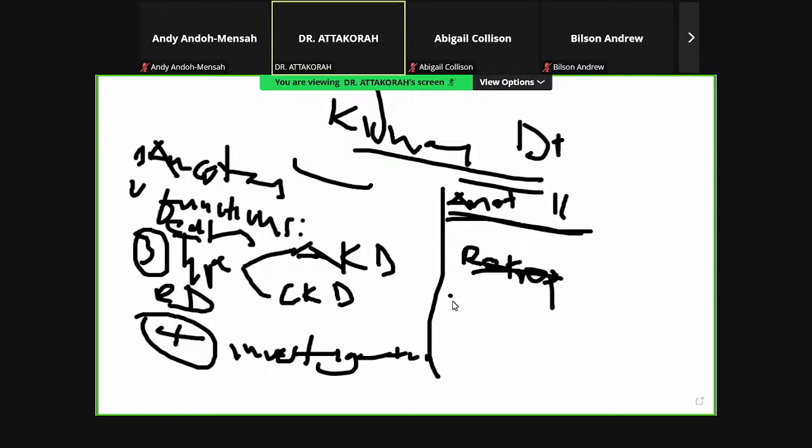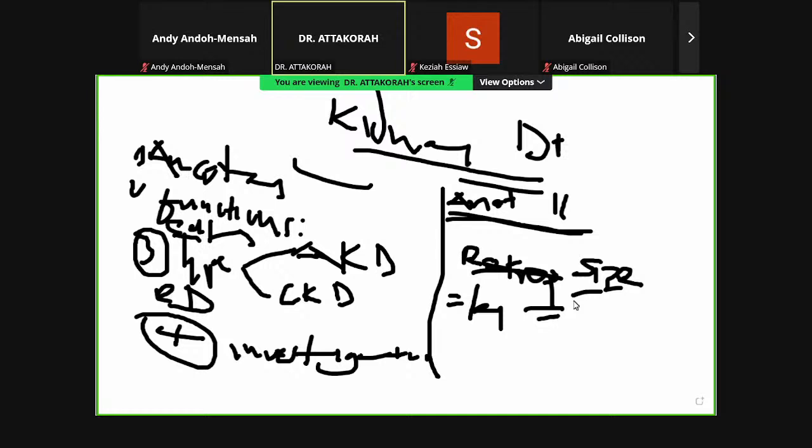So the length, who can tell me the range? We are talking about the size of the kidney. Class, who can tell me the length of the kidney?